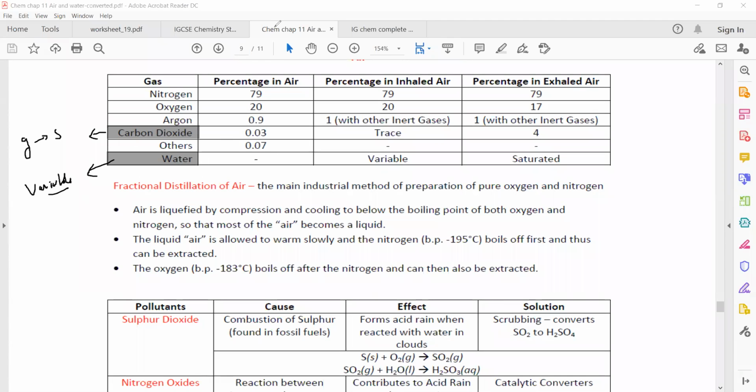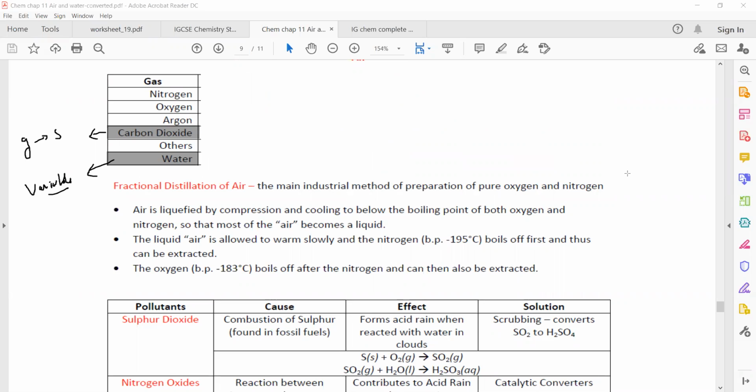How do we remove carbon dioxide from the sample of air? To remove carbon dioxide chemically, we bubble the air through sodium hydroxide, because sodium hydroxide will react with carbon dioxide and form sodium hydrogen carbonate.